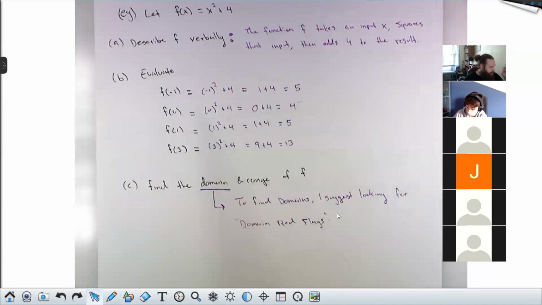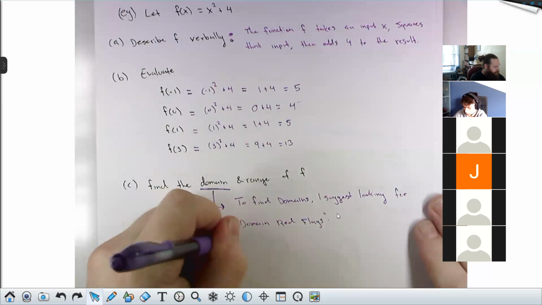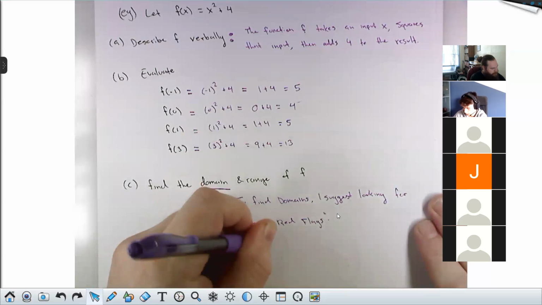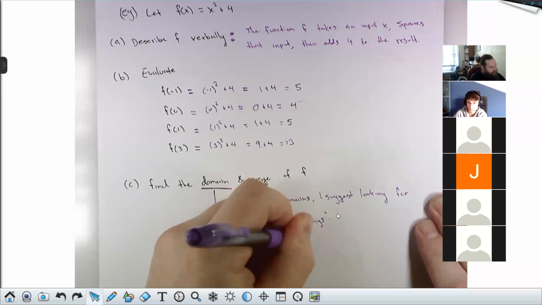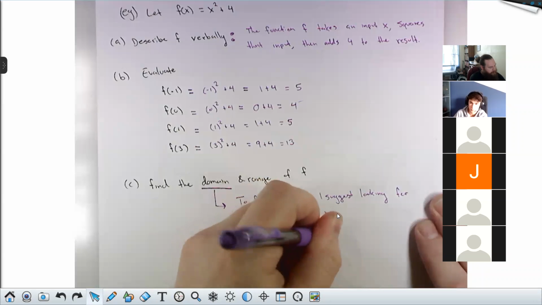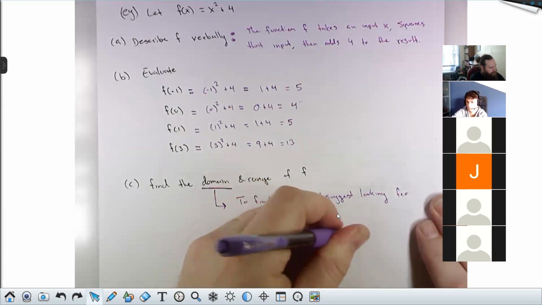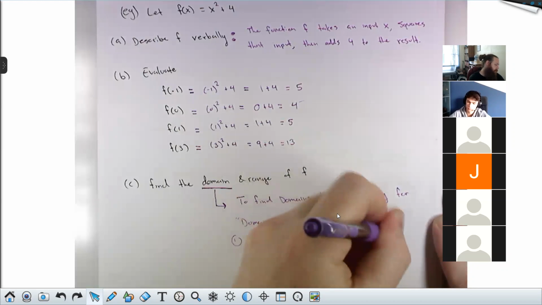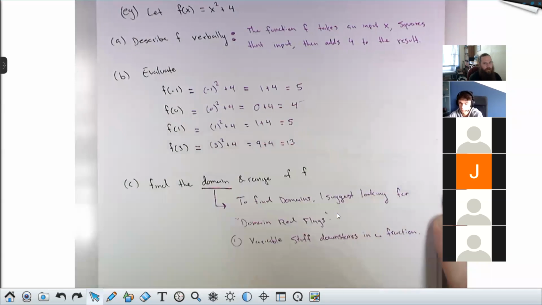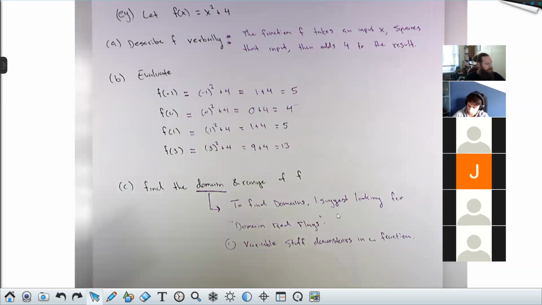So what are the red flags for an algebraic function? The first one: variable stuff downstairs in a fraction. If you're looking at the algebraic representation of a function and you see some x's or variables, whatever, t's, downstairs in a fraction in the denominator, that should set off a little alarm in your head and say, oh, I need to be mindful of that when I'm thinking about the domain.